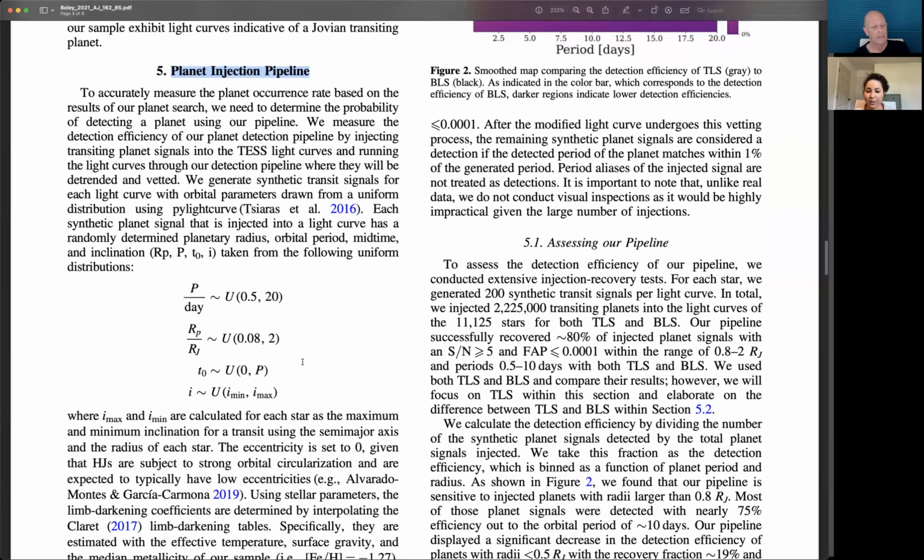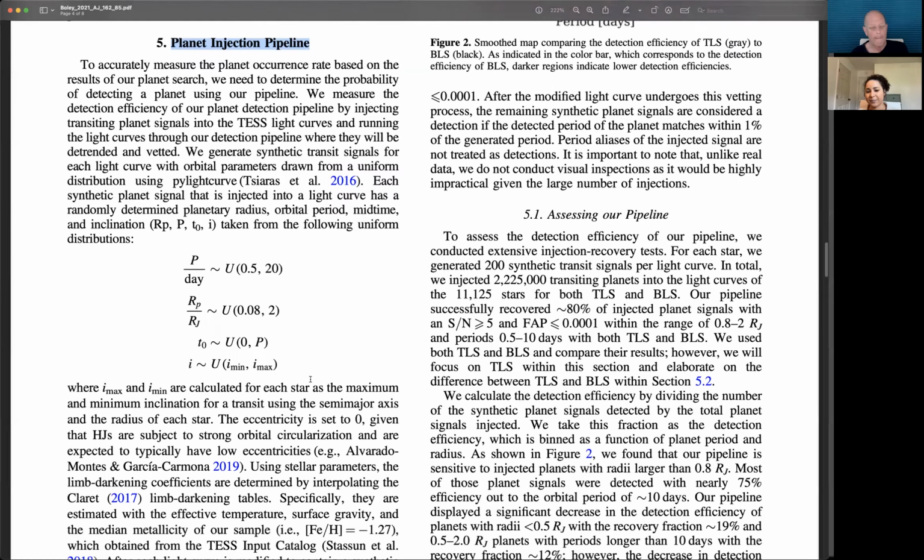So what we ended up doing is we did these planet injections for a particular range. You'll see here these equations, but basically we uniformly drew for these parameters: period, radius, the mid time, as well as the inclination of the planets.